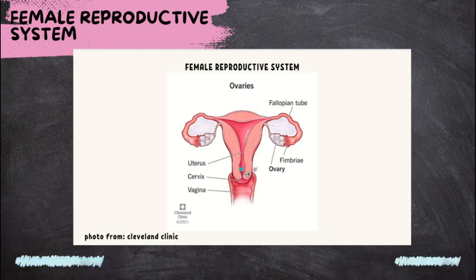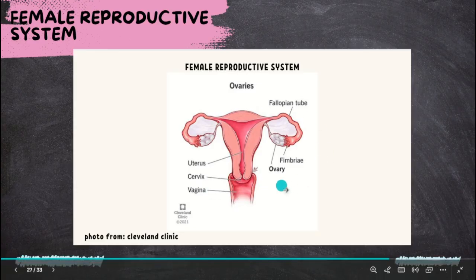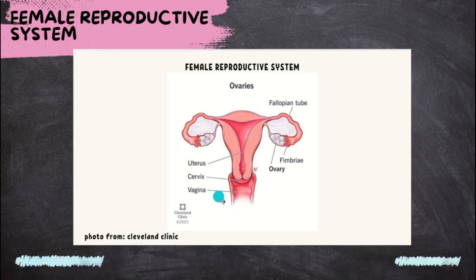And then we have our cervix, right? The cervix is kind of like a wall at the back of the female reproductive system. Well, not the back, but you get the point. It's kind of like a protective barrier, right? It prevents harmful substances from passing this point.